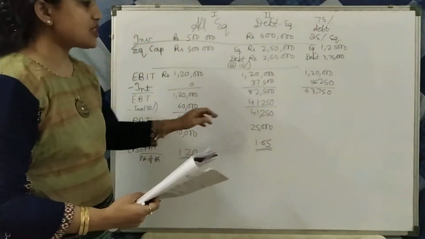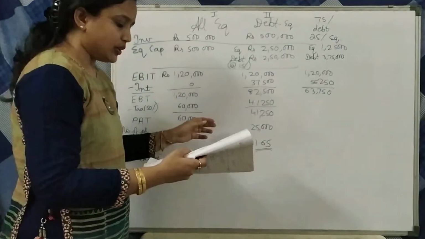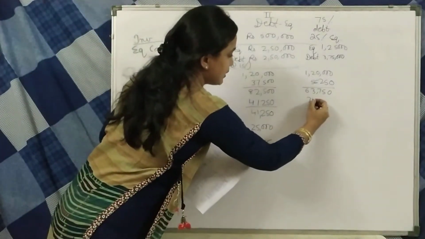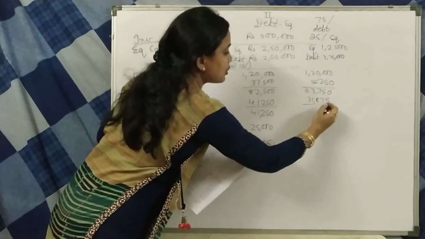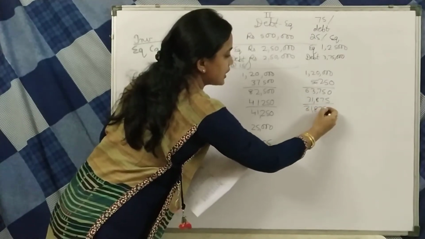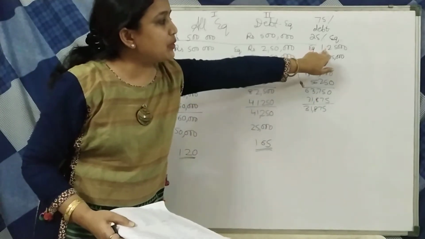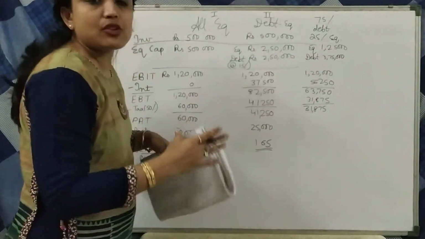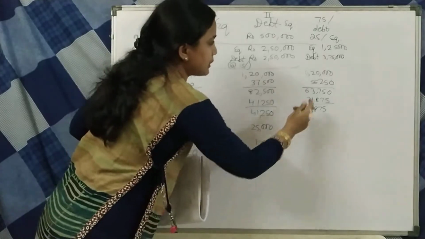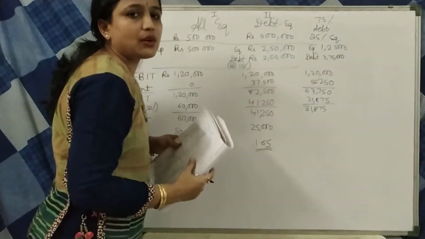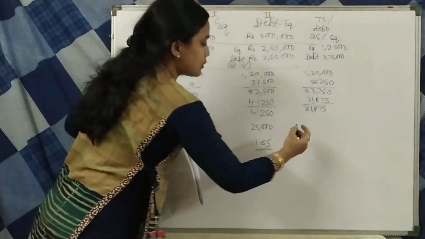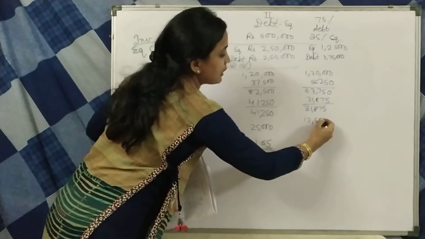Again, tax is 50% of this. We already have solved, so you have some idea: 31,875. What is left is 31,875. Here, the number of shares will be only 12,500. Why? Because we have used only 25% as equity, that is 1,25,000 rupees divided by 10. So it will be 12,500.